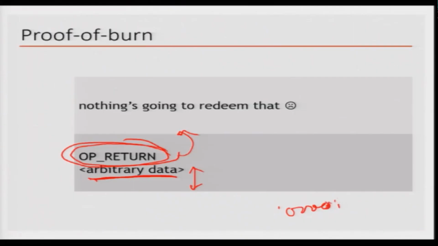So, if you want to keep some data forever in the blockchain, then you use a proof of burn. You pay a very small amount of Bitcoin, maybe 0.00001 Bitcoin, burn it, and then basically etch the data forever in one of the blocks, right. So, many times you will hear that people are nowadays putting your course certificate on the Bitcoin blockchain. This is how this is done.